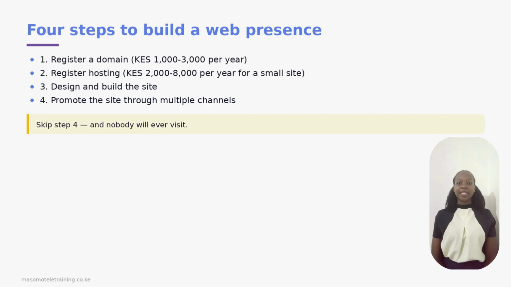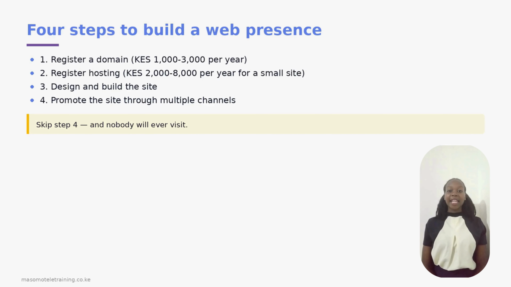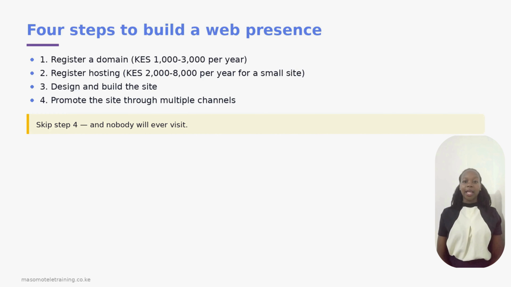Step 3. Design and build the site. Structure, content, design. Step 4. Promote the site through multiple channels: social media, email signatures, business cards, Google Ads. Skip step 4 and no one will ever visit.